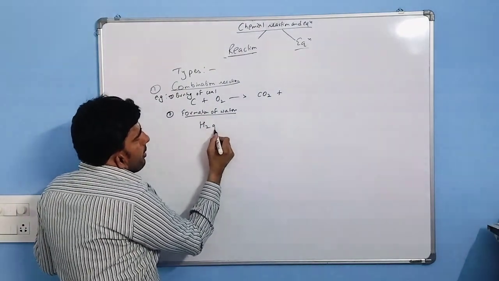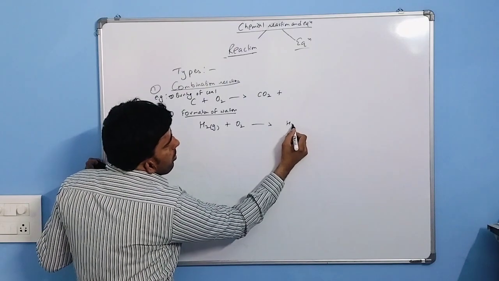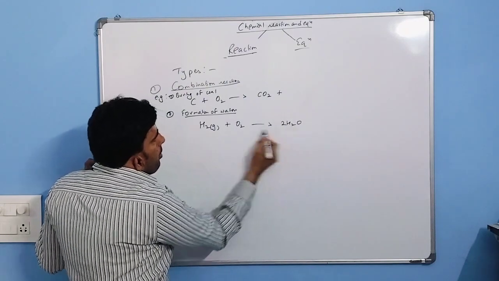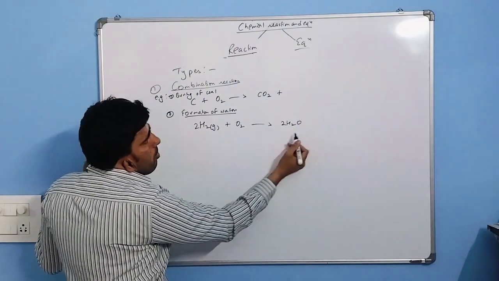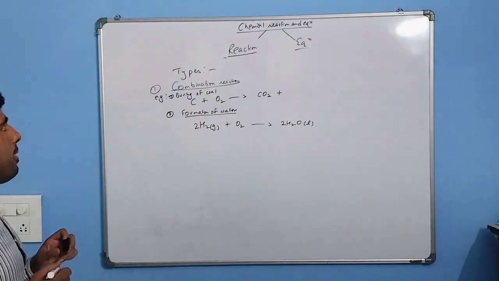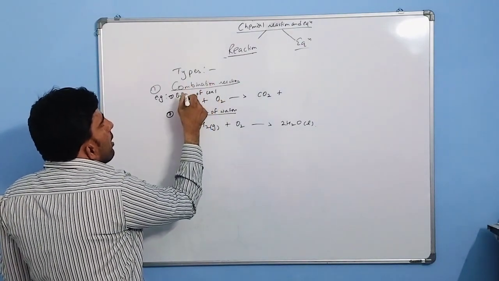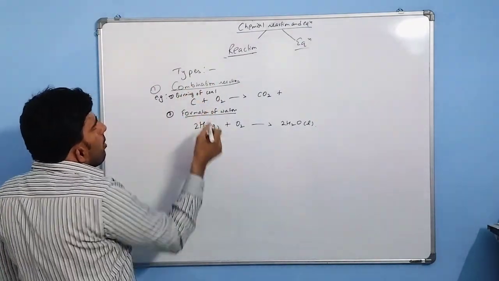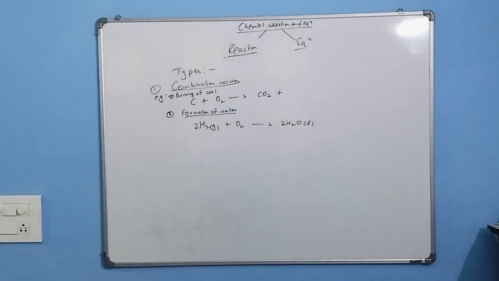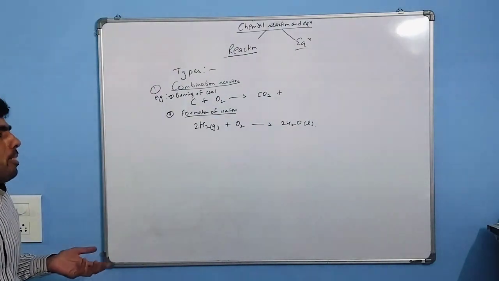We will see two gases here, and ultimately what I got is water, which is a liquid. So we have burning of coal and formation of water, and this is what we call a combination reaction.